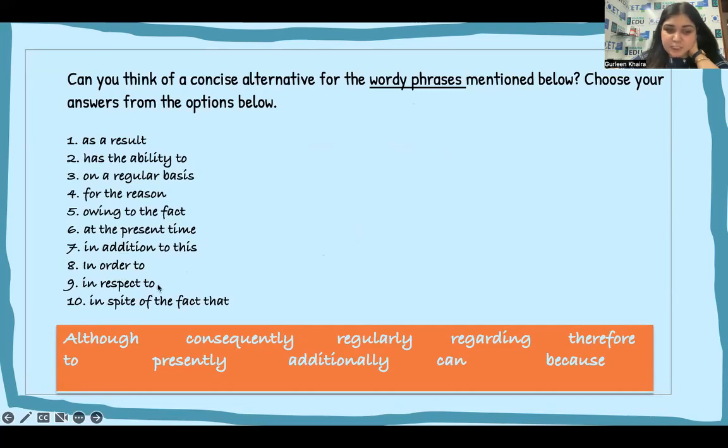Then in respect to. Regarding. Very good. And in spite of the fact that. Although. Very good. Yes. Great job.